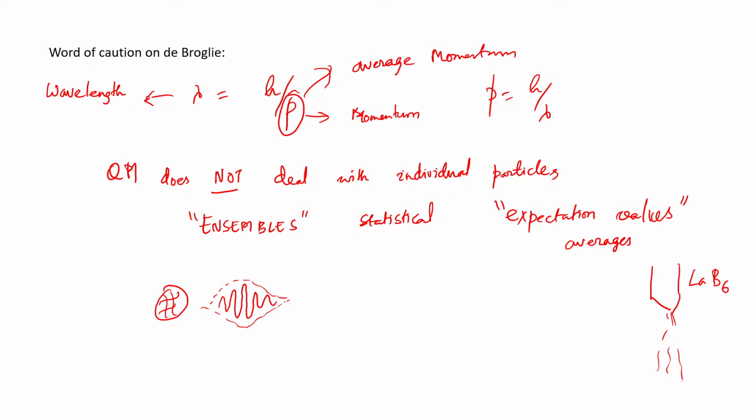If you look at an individual particle, this kind of wave particle duality often leads to misleading conclusions that something is both a wave and a particle at the same time, which is against the principle of non-contradiction. So the wave nature is coming from an ensemble measurement.